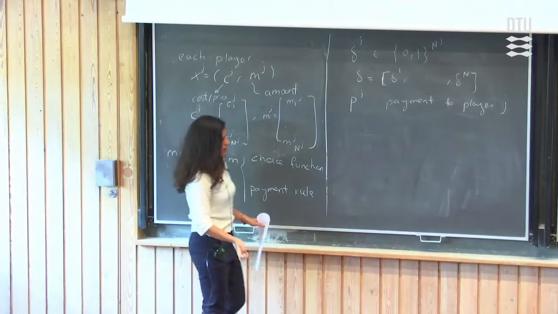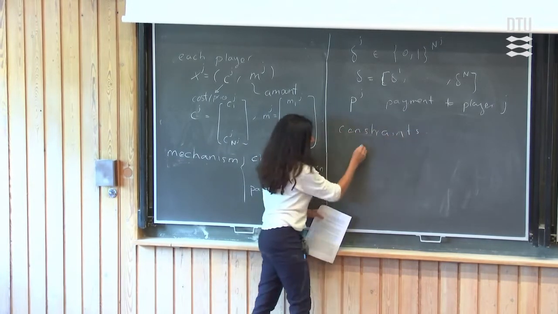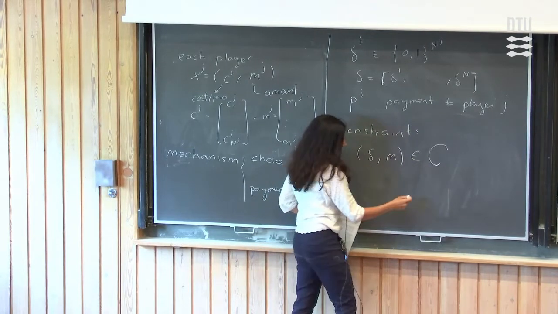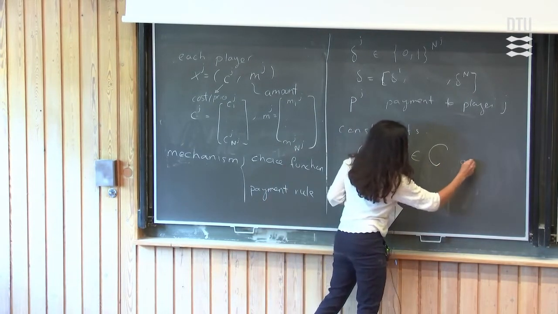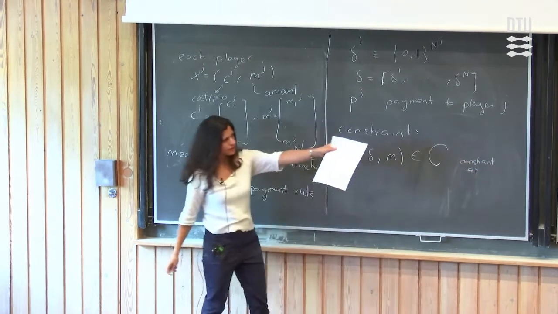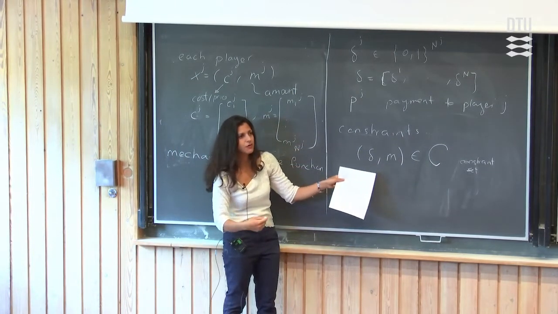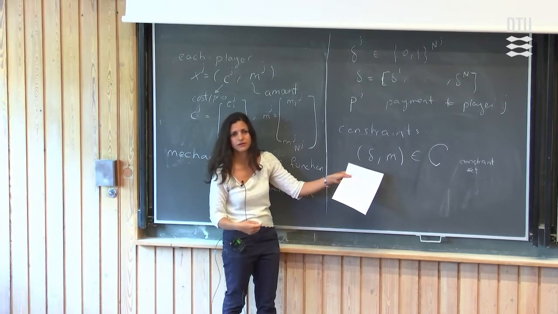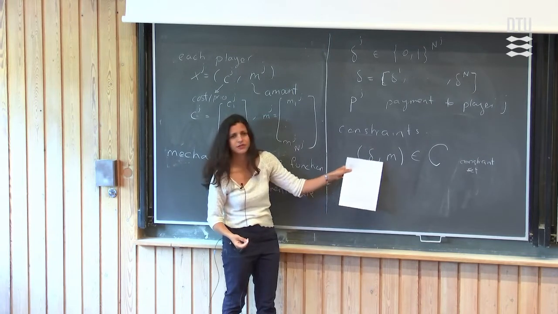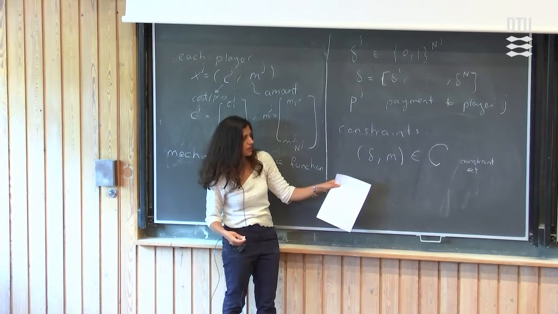Whatever it is, we put the constraints all together, and we say that delta and m should be inside some constraint set C. For example, in the one we saw, you can easily encode that the sum of the accepted bids should be equal to 800. This is just a 0-1 vector, and you can multiply it by the bids and encode that you need 800.